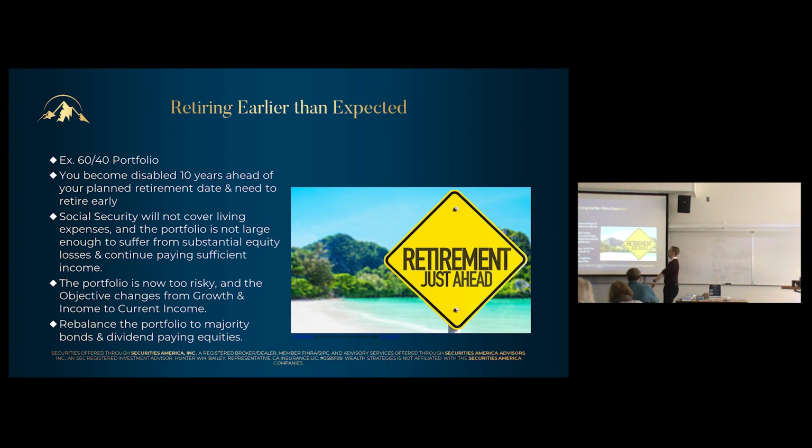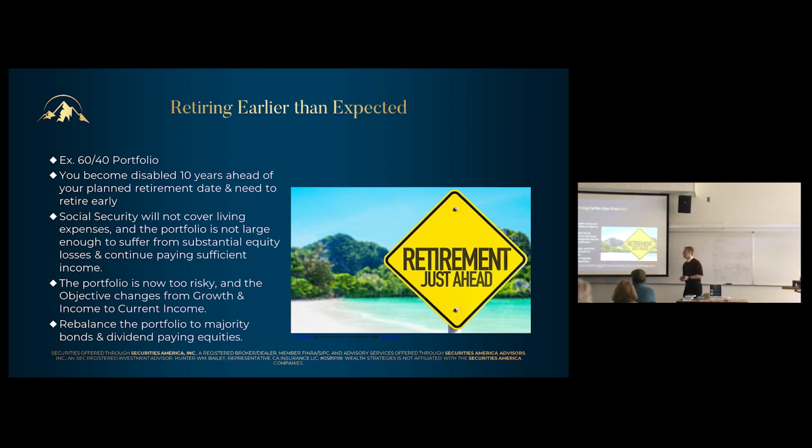Retiring earlier than expected can also be a very, very major shift to your objectives and your risk tolerance. Again, starting with a 60-40, if you become disabled 10 years ahead of your planned retirement date and you need to retire early, like you need to retire right now, today, there's no way you're going back to work, and Social Security is not covering living expenses, and the portfolio is not large enough to suffer substantial equity losses and continue paying sufficient income.